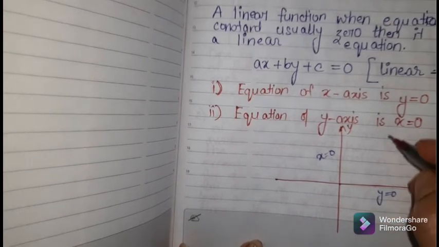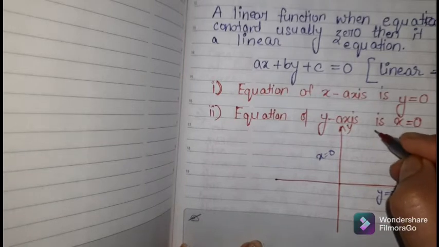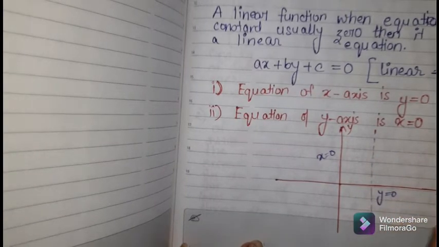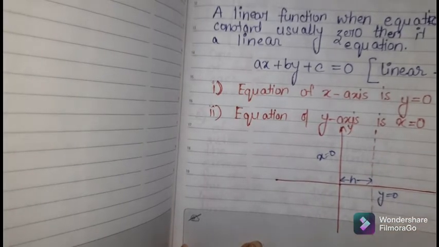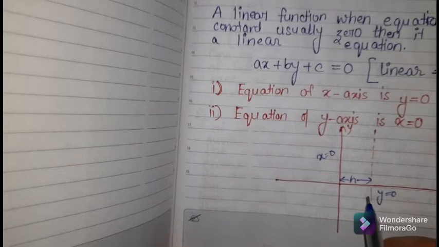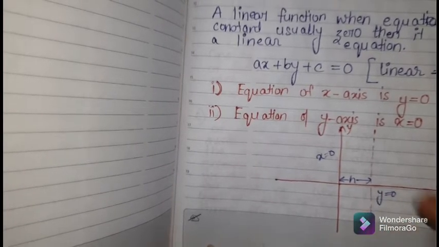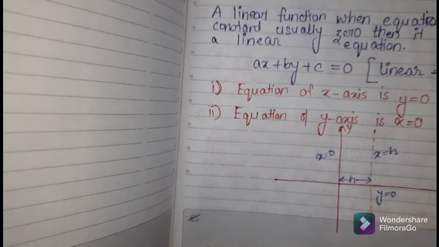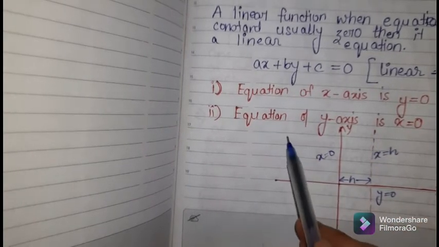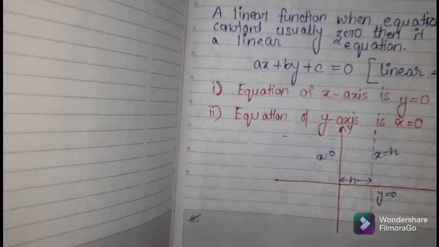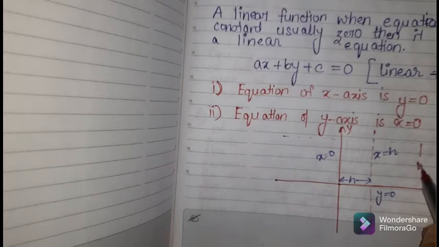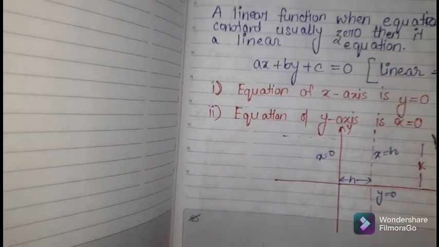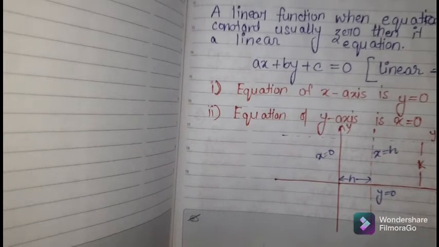Now if you have any line parallel to the y-axis, at a distance of h from the origin, the equation for this line is x equals h. Similarly, if any line is parallel to the x-axis at a distance of k, then the equation of this is y equals k. These are the various types of equations of a straight line.